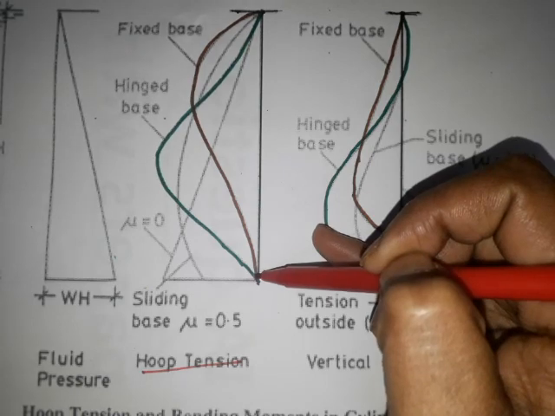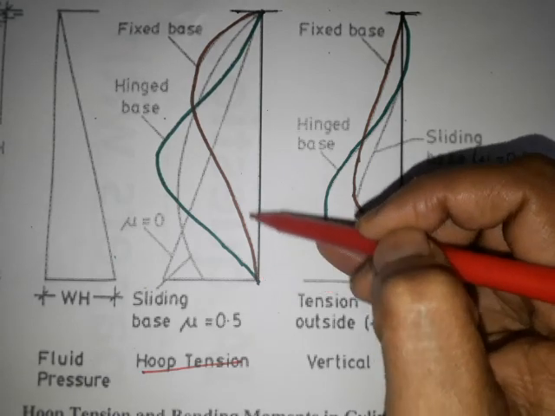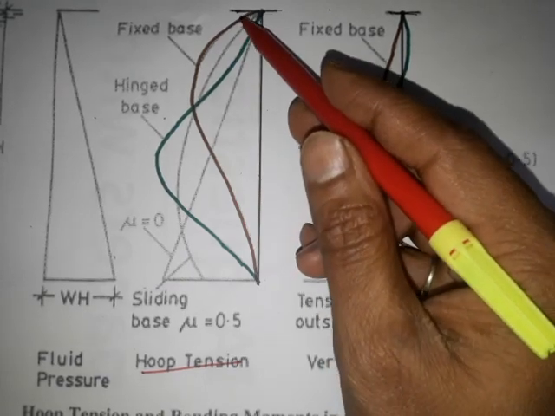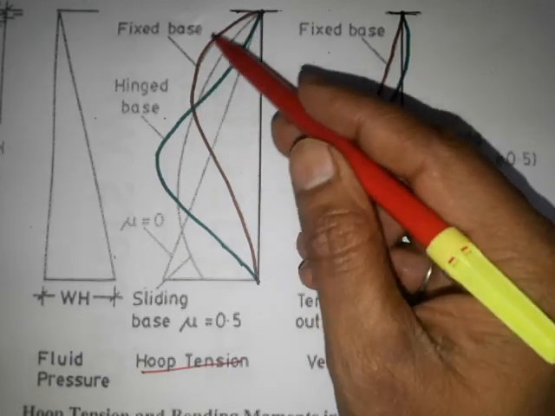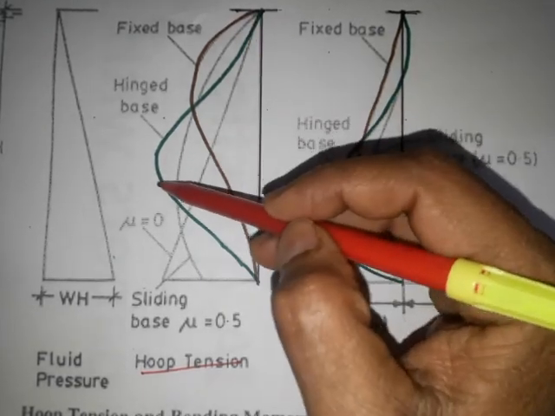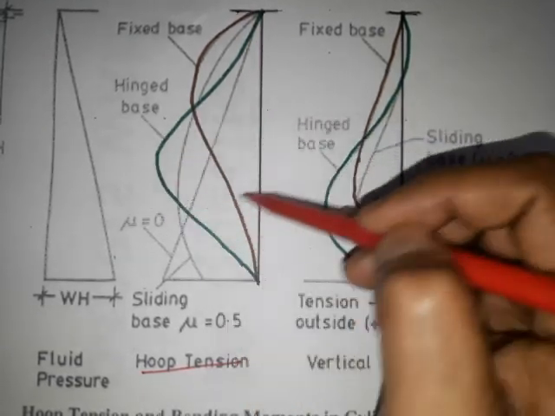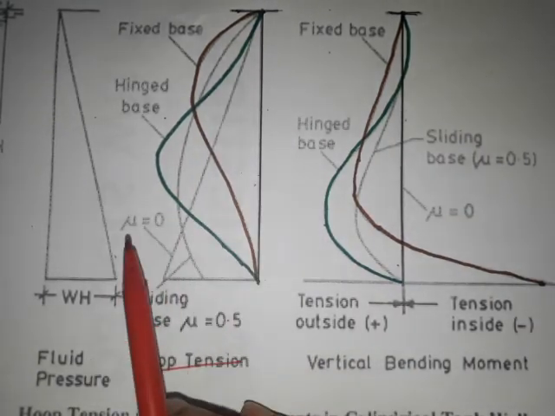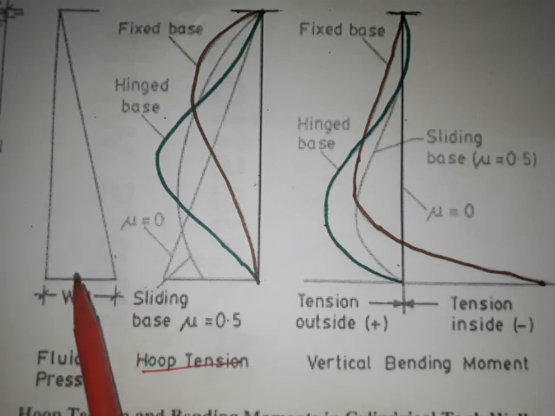And if you see the rigid base, because the base is rigid, it is shifted towards the top. So the deflection or the bending or the hoop stress is shifted towards the top of the wall. But in case of a flexible base, it is maximum at the mid part of the vertical wall. So this is how the hoop tension develops if it is a flexible base and if it is a rigid base.